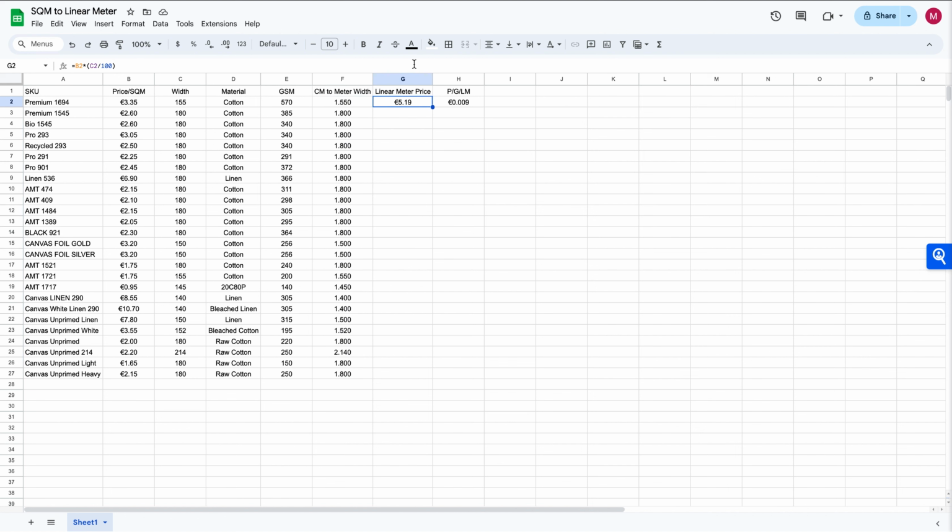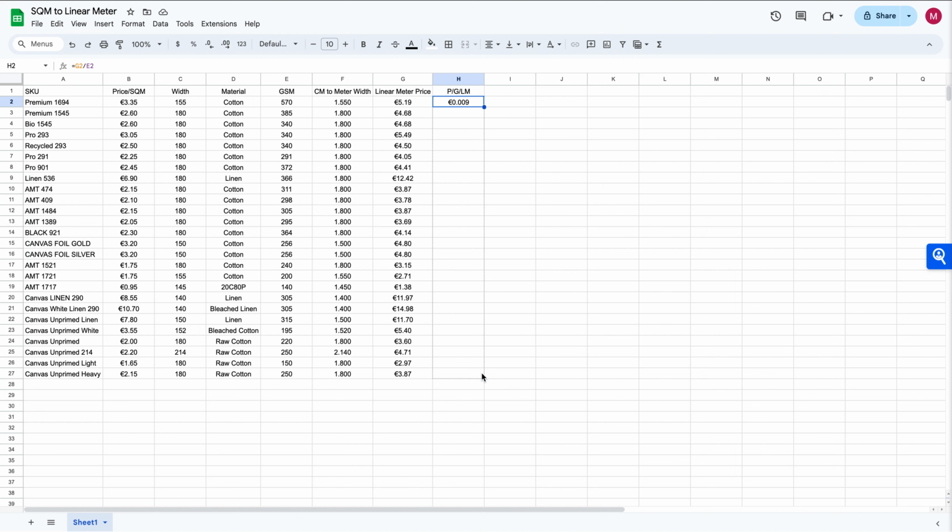Now, if we look at this linear meter price, now we have that same formula, right? 155 divided by 100, but then we're multiplying that result by this price per square meter. And that right here gives you 519. And so right here, this is really the price that my brain works in. But I'm also curious of the price per gram per linear meter.